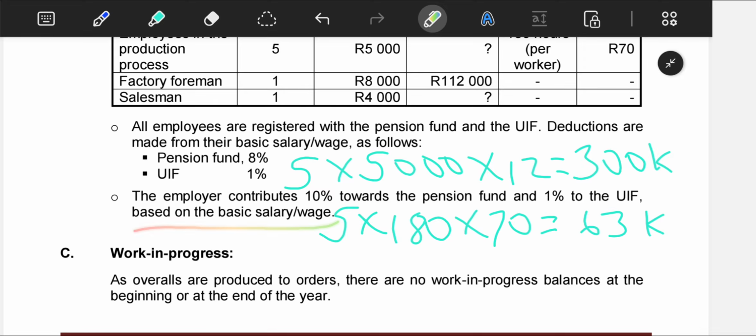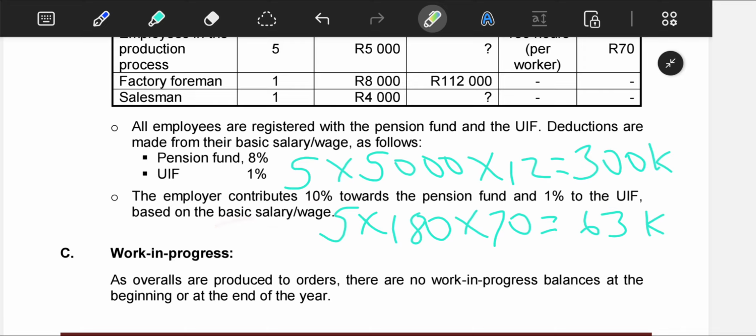Basic salary is the salary that the employee gets whether they worked overtime or not. So, we don't consider overtime. If the examiner didn't say basic salary, they said total salary, then you were going to include everything. So now the examiner is very much specific to say basic salary.